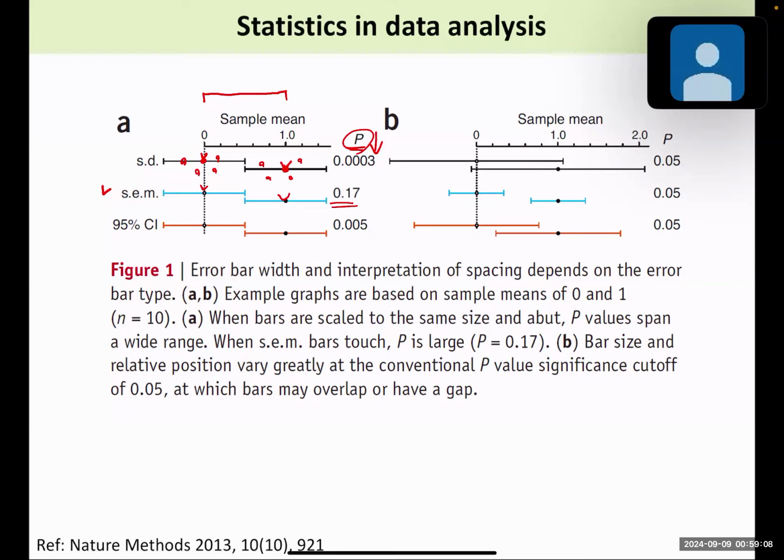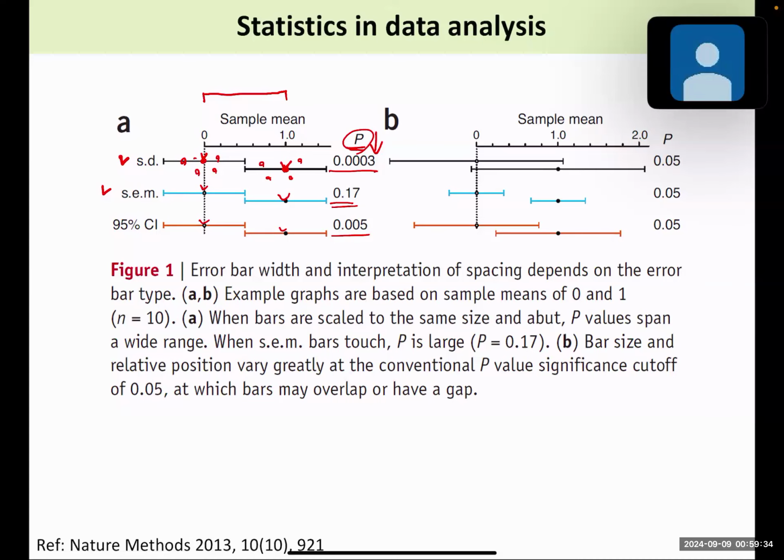And then when you take standard deviation, you can see that the p-value is extremely small, right? Then those two groups are statistically different. It's statistically significant, the difference. And then the 95% confidence interval, this is also quite different, right? Because the p-value is quite low.